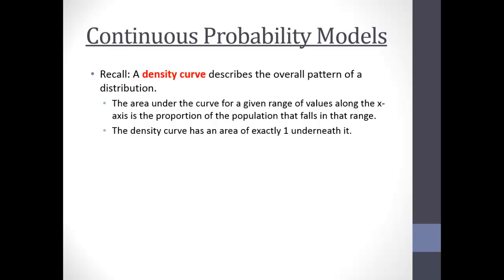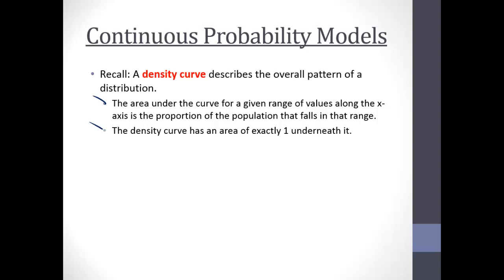So when we're looking at histograms, we often drew a smooth curve, and that was kind of what we thought about as a density curve. And it had these two properties: the area under the curve. So remember, we had that correspondence between area and proportion, probability, kind of. If you can think about that now. And then the density curve was always at or above 0, and had an area of exactly 1 underneath it.